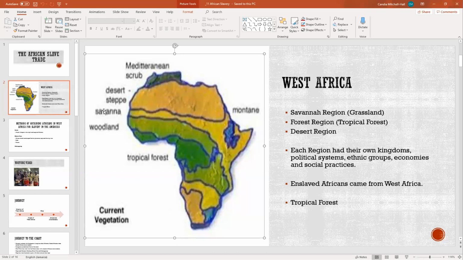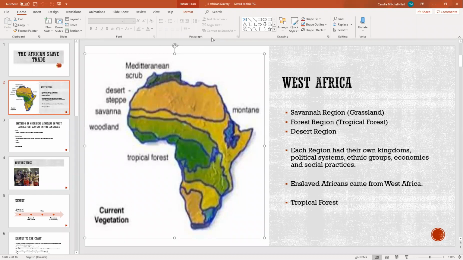So if we look at this, we see that Africa is very, very diverse. In fact, I think Africa is the most diverse continent in the world.